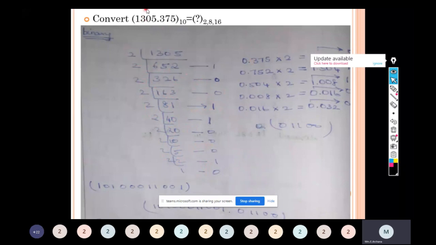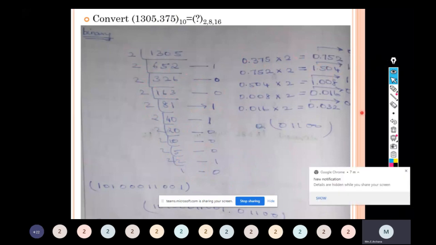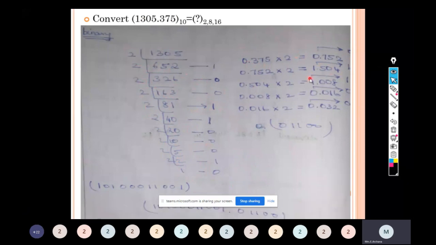And then for 0.375, we know that we have to convert by successive multiplication method. So 0.375 is multiplied with 2, we will get 0.75.